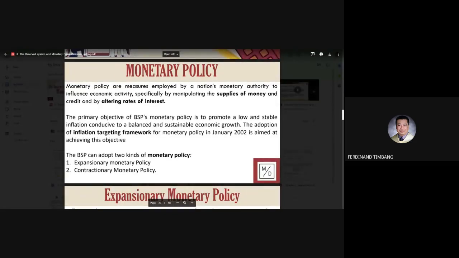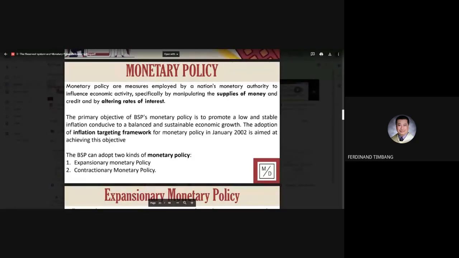Tapos pangalawa, anong ginawa niya? Kasi kung tumaas ang reserve requirement, tataas yung interest rate. Tinaasan nila yung interest rate. Kaya nga inis ako during that time, kasi may effect ang interest rate sa stock market. Inverse ang relationship nila.